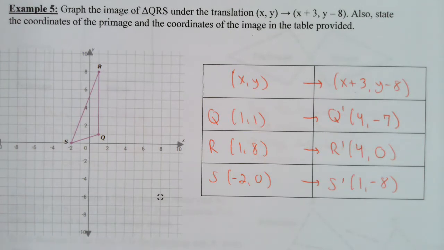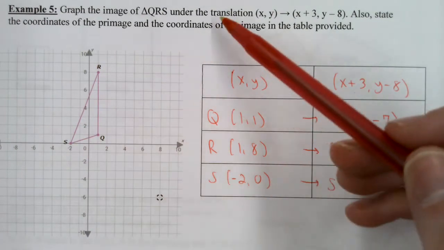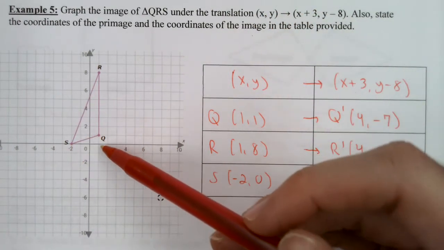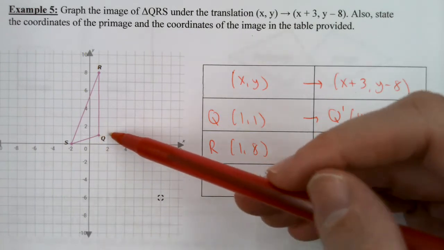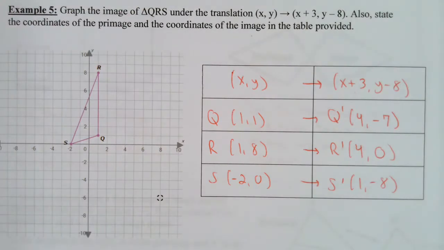And now you can actually just graph those if you want. The other thing that you could do is take each point and just count right 3 and down 8. You could physically do that if you wanted to.